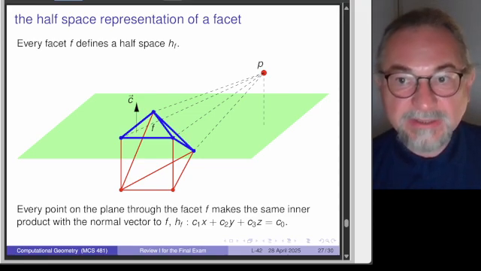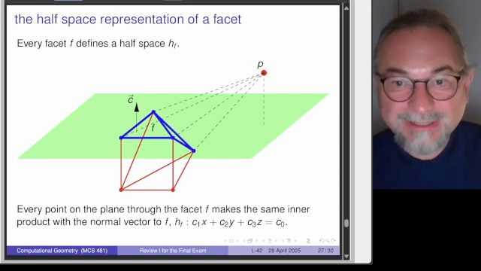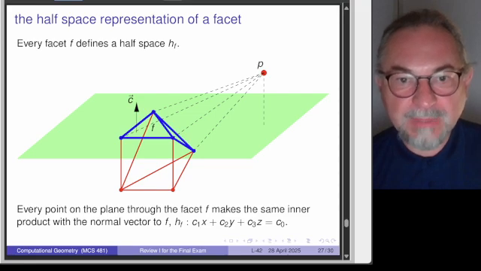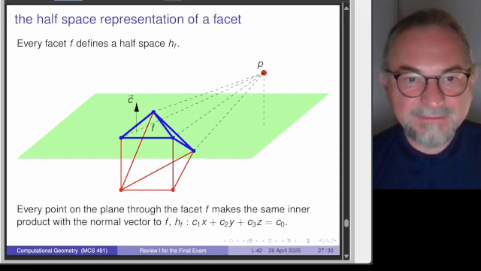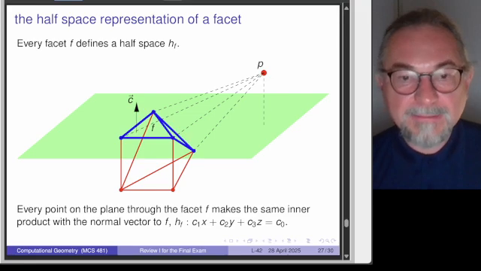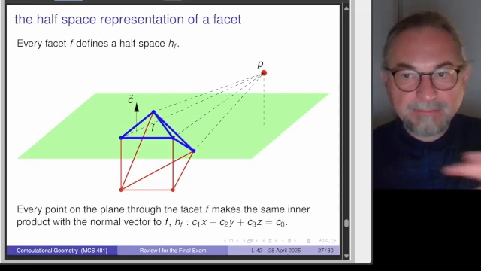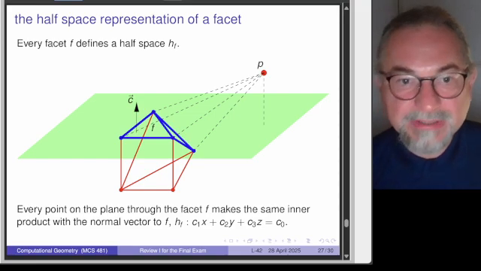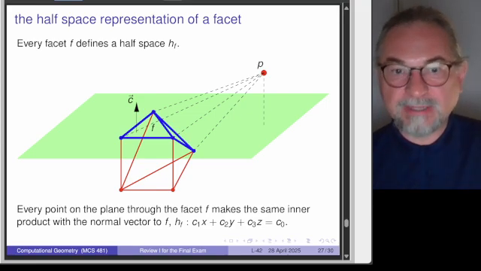We considered incremental algorithms. So we have already the convex hull of a finite number of points, and we consider one extra point. So here is a representation. I hope the perspective is fine. So we have a facet. The top facet is this blue triangle, and we have the green plane that is represented by the outer normal vector, the vector that is pointing outwards.